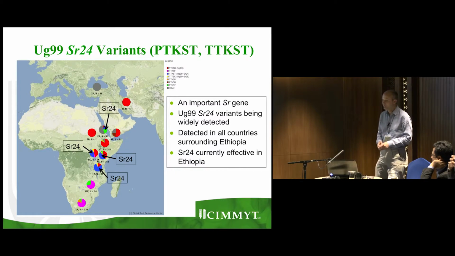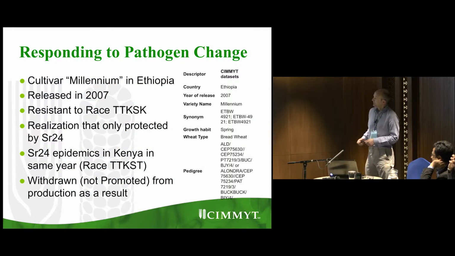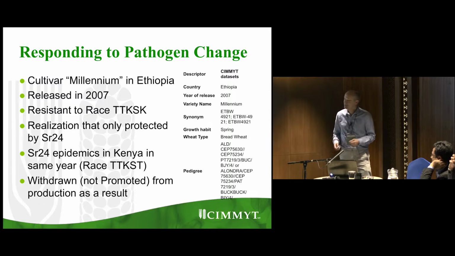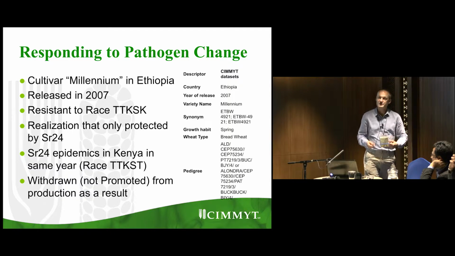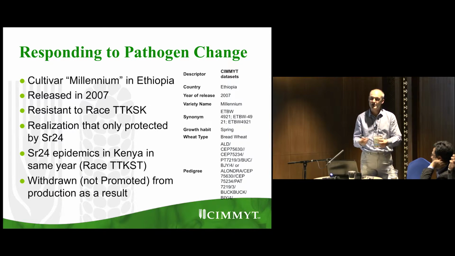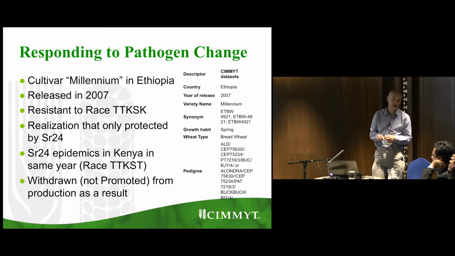So that's important information. And this is an example of using that surveillance information, the information coming from sampling, the understanding which pathotypes we've got, to feed into the breeding systems.